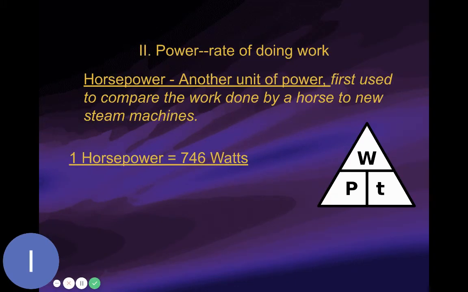So those of you who did the horsepower lab already, you should have found out that your body can only generate about 1 horsepower or maybe a little less than 1 horsepower. In some cases, a little bit more than 1. But horses are pretty powerful. So one horsepower is quite a bit of power exertion.